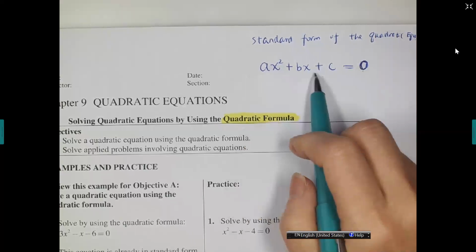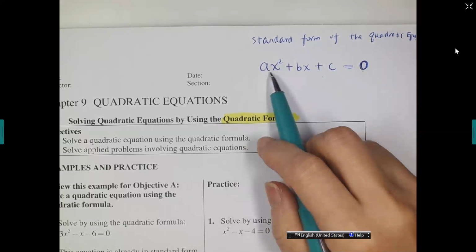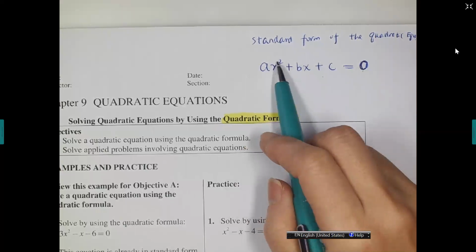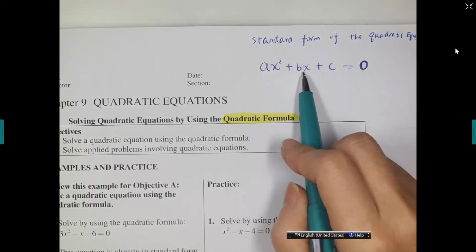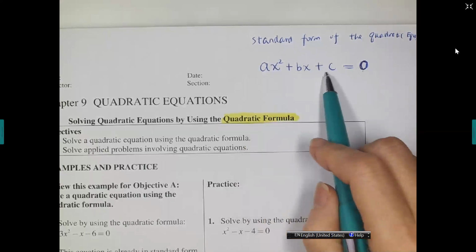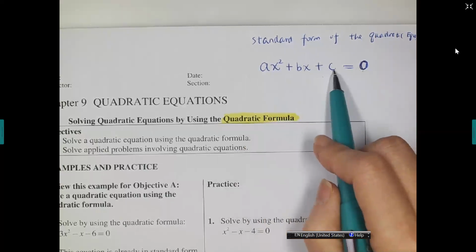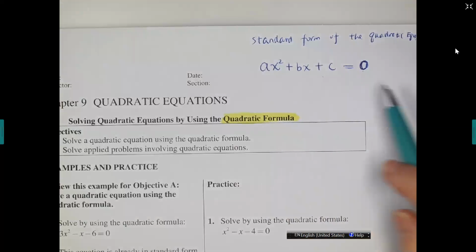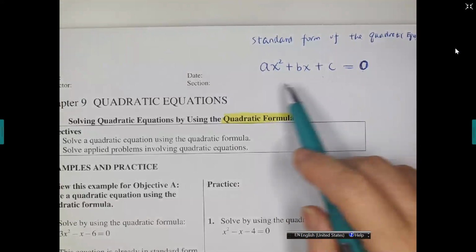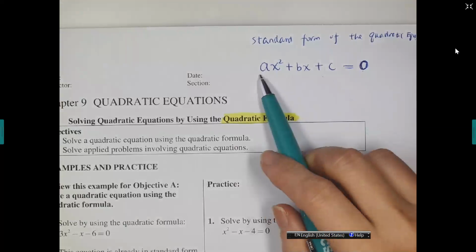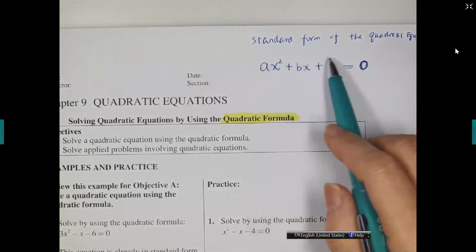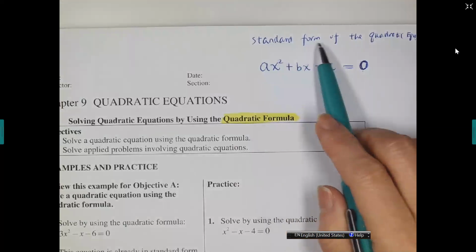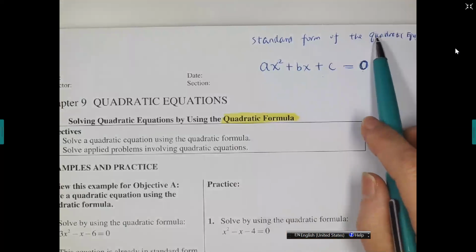And we have descending order of x. We start with the square term, then the x term, and then the constant term. The power of x is decreasing. This is called descending order. If we rewrite the equation in this form, it is called the standard form of the quadratic equation.